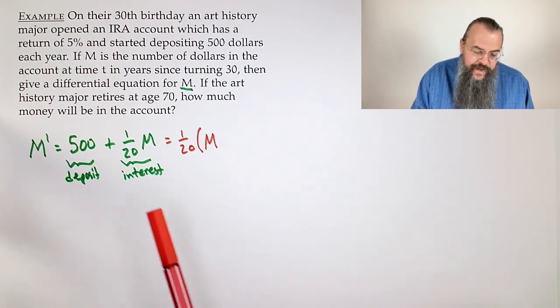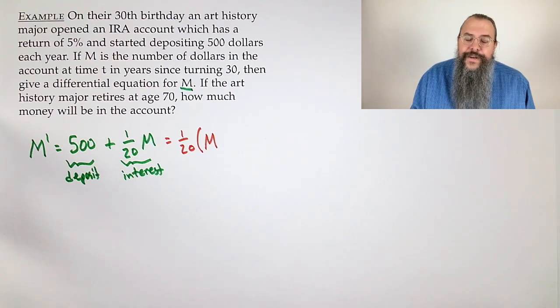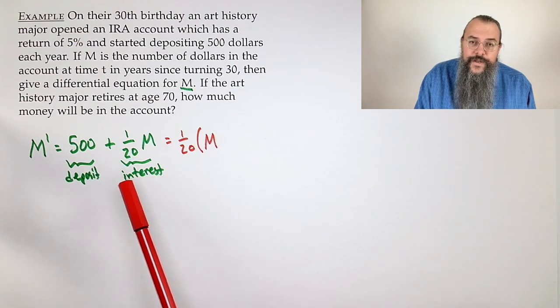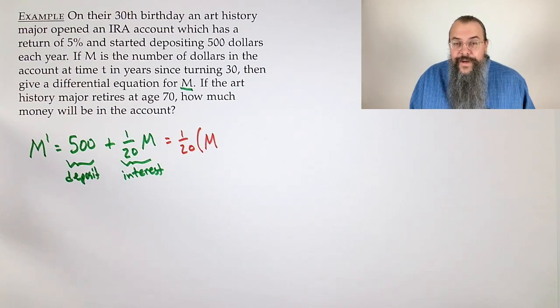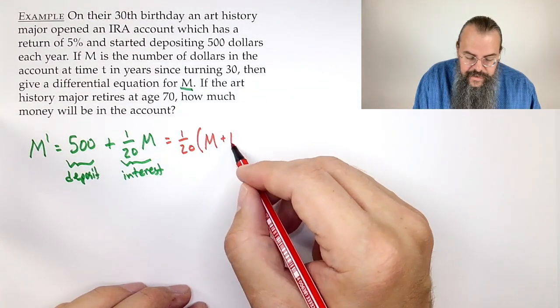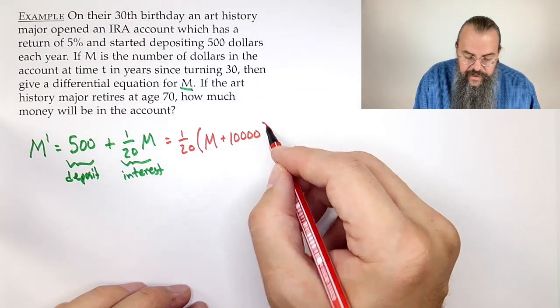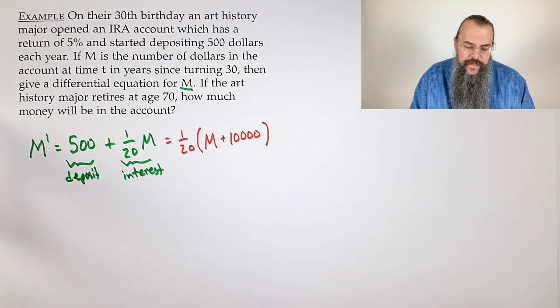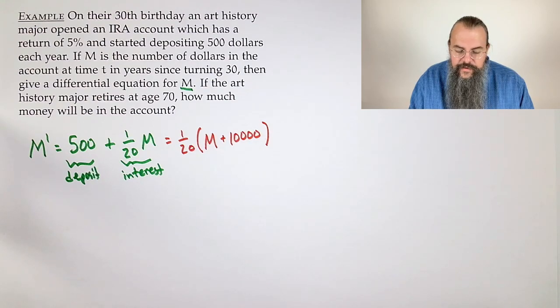All right. Now, if you factor 1/20th out of 500, what will you have? So another way to think of it is 1/20th times what gets you to 500, and well, the answer is you'll have 10,000. Okay, so that's what you have. 1/20th times M plus 10,000.